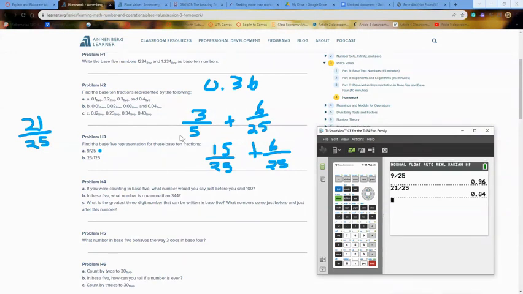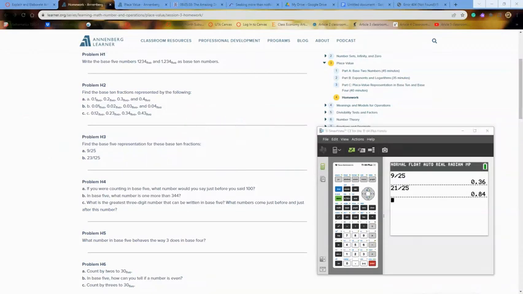Now I'm going to do the same thing for 23 over 125. So I'm going to clear this out. I'll clear out my work. And the first thing I'm going to do is turn this into a decimal just like I did. So do 23 divided by 125.